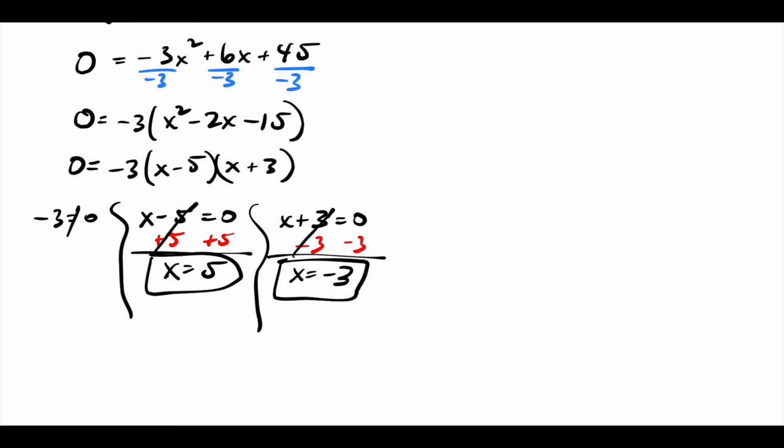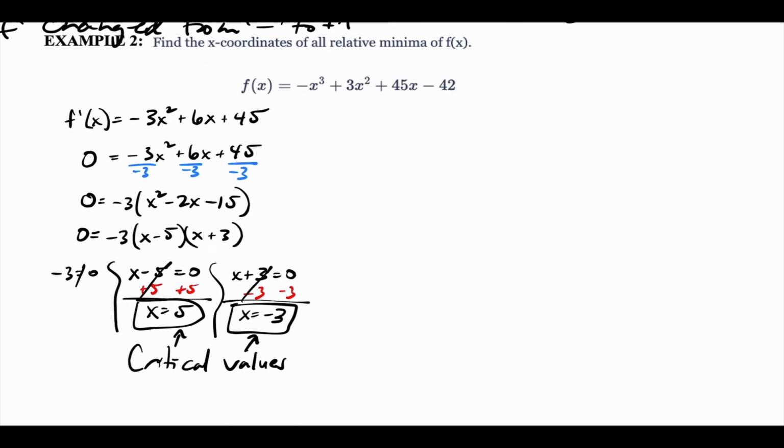Okay, I get two critical values. X equals 5, x equals -3. Those are my critical values, critical numbers, critical points, whatever you want to call them. So now what the question asked was determine which of those is a relative max or minimum.